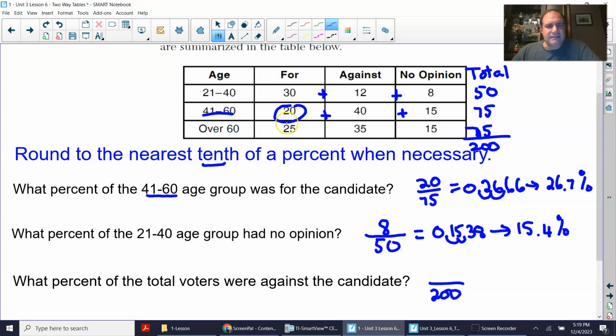Again, if you add these down, this is 50, 75. This is 75, 85, 87. This is 38. All right, so if you add 75, 87, and 38, that's 200. All right, so what percent of the total voters were against 87?